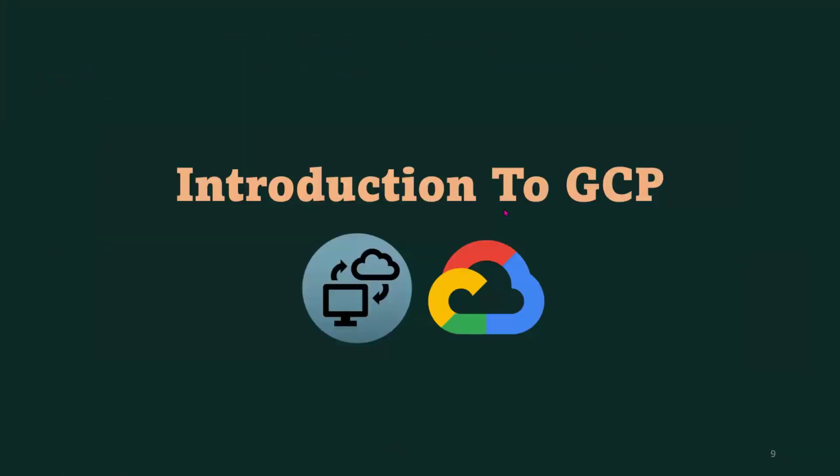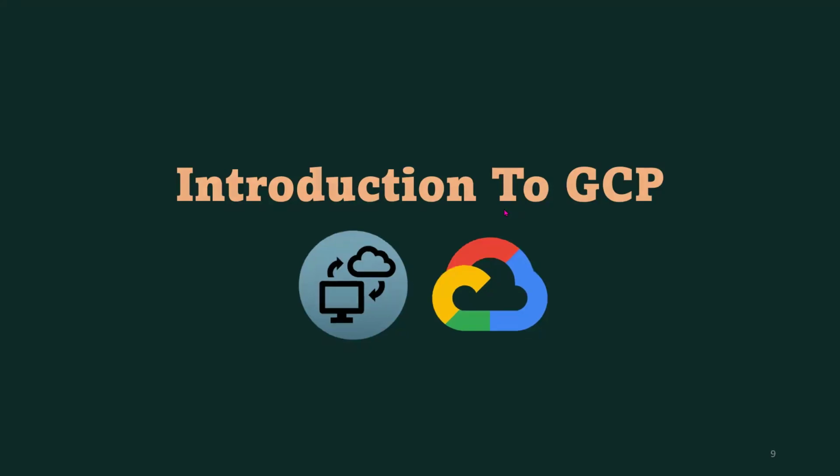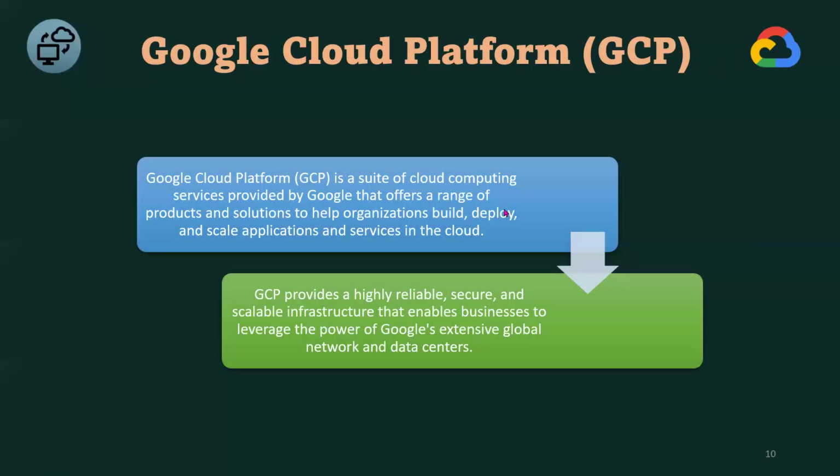Now, as I already told you yesterday also, what is Google Cloud Platform? Let me just recap. Google Cloud Platform is a suite of cloud computing services provided by Google, which are very useful for organizations to build, deploy, and scale applications and services in the cloud. As I told you already, GCP is one of the leading cloud providers.